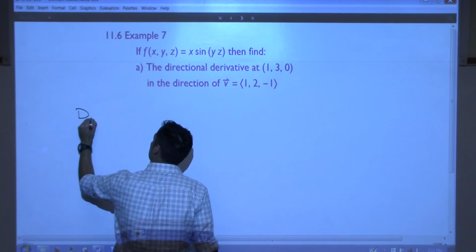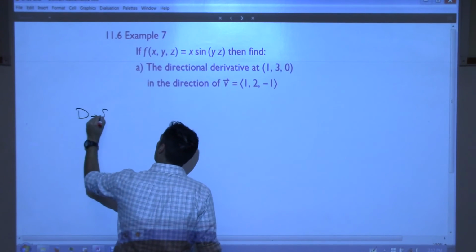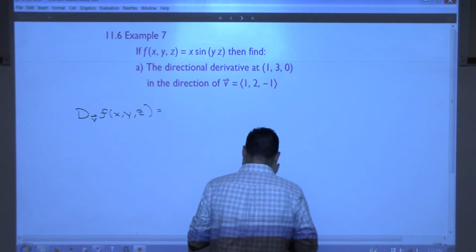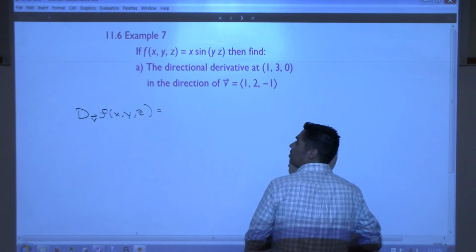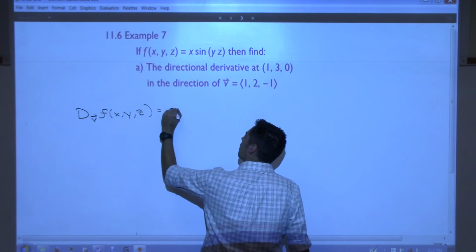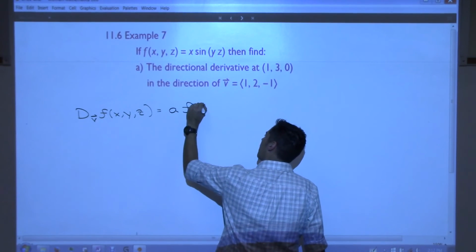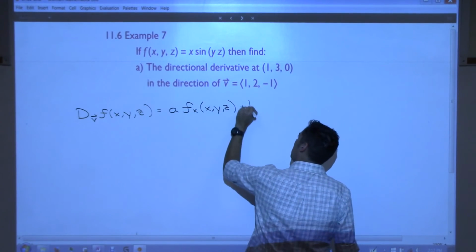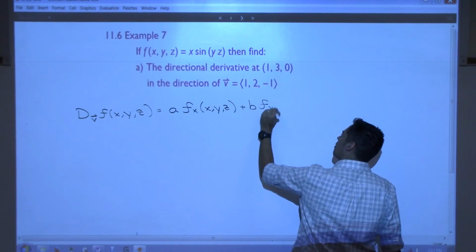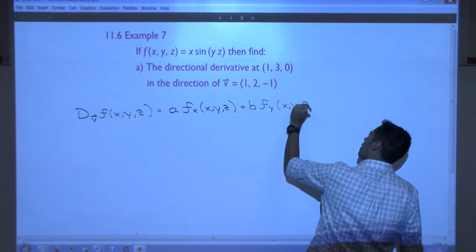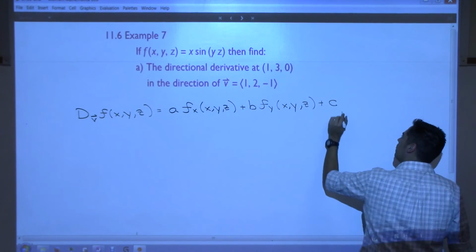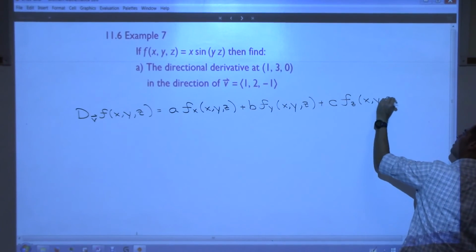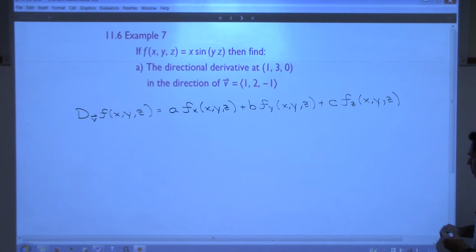The directional derivative in the direction of v of f of x, y, z should be equal to a times the partial of f with respect to x at x, y, z, plus b times the partial of f with respect to y at x, y, z, plus c times the partial of f with respect to z at x, y, z. That's just the definition of the directional derivative.